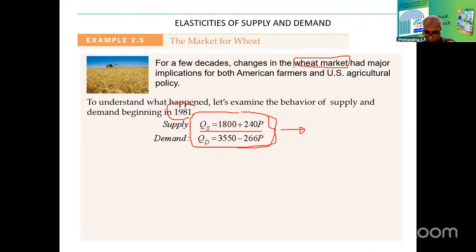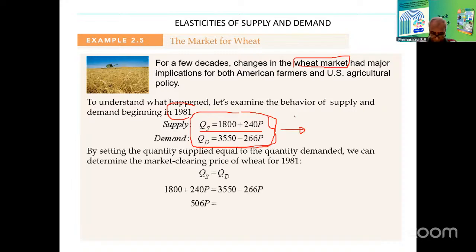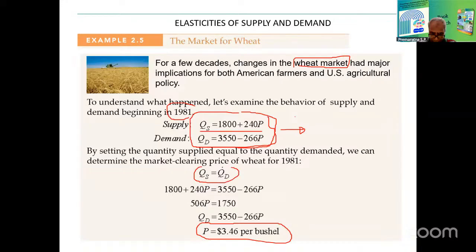How do you make a decision? Now, first, what we have to do is calculate the price elasticity and calculate the equilibrium price. So this particular example, demand and supply.